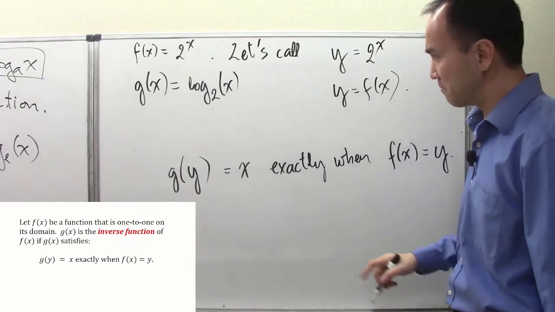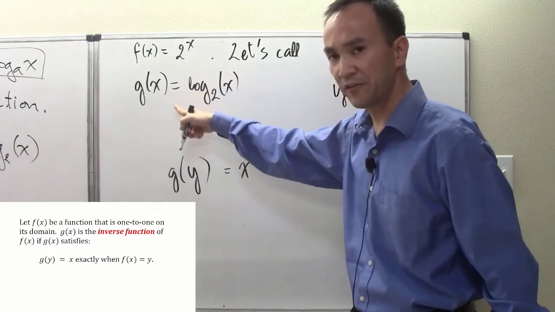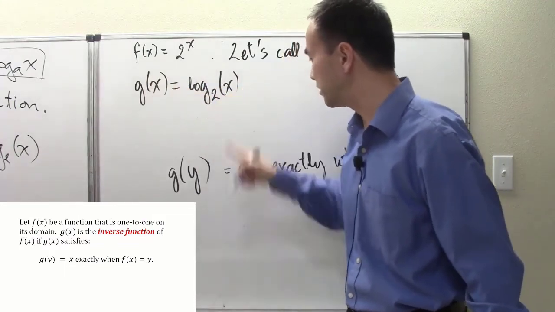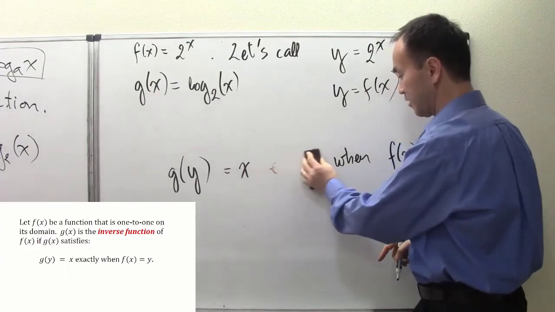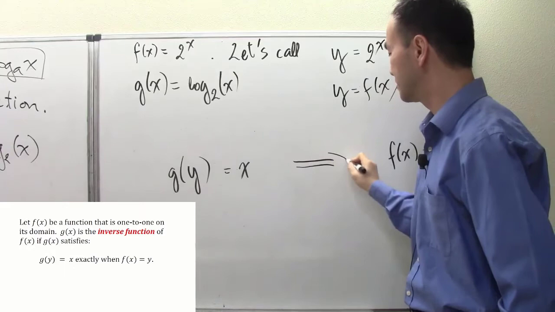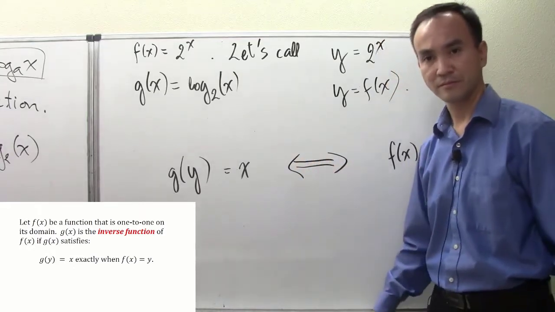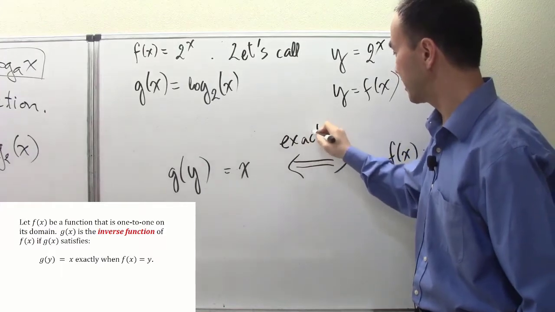And g of x, on the other hand, was defined as the log base 2 of x. The phrase exactly when, logically speaking, is equivalent to the double-headed arrow symbol. That is the symbolic way of saying exactly when.